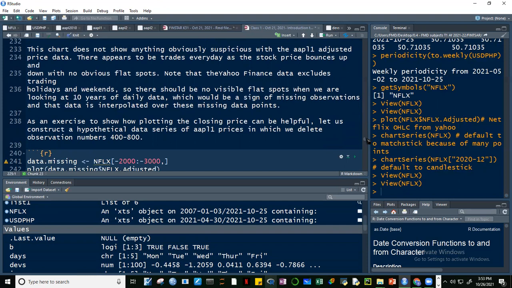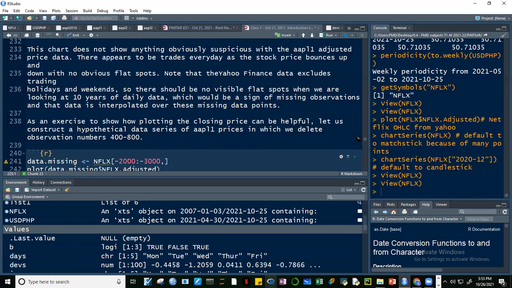What's important here is that there appear to be trades every day, as the stock price bounces up and down with no obvious flat spots. Yahoo Finance data excludes trading holidays and weekends, so there would be no visible flat spots when we are looking at 10 years of daily data.